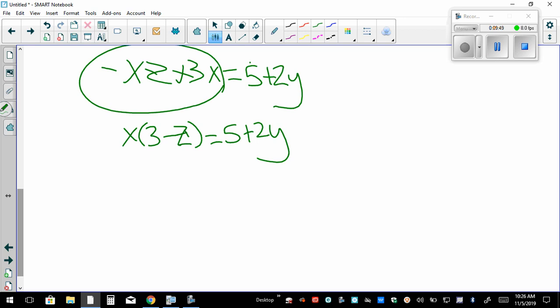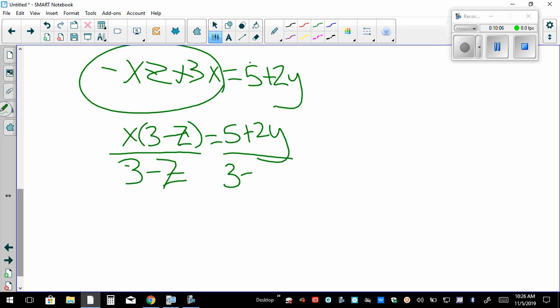So if you just break it, you get it now? Okay, so next we want to get rid of this 3 minus z, so we're going to divide by 3 minus z. Does that make sense?